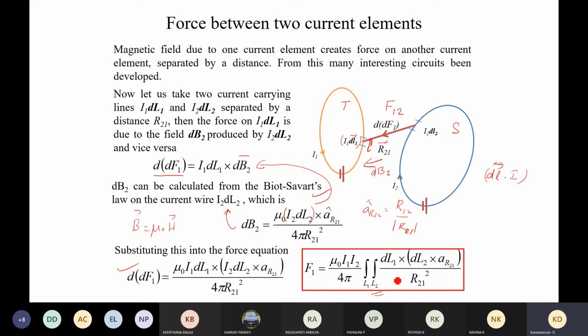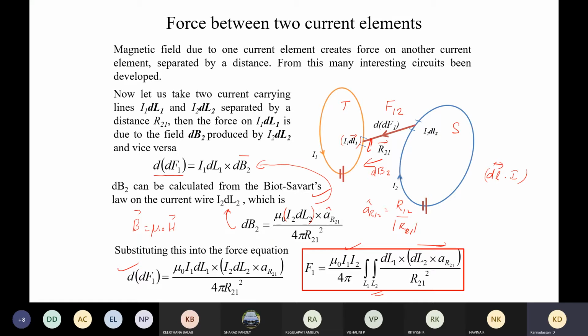For this you have to integrate properly, because all the remaining terms are simply constants that you can take out. This triple cross product is going to give one vector, so this force will always be perpendicular to both the line vectors. That is what you have to keep in mind, and depending on the shape of the loops, we will get different forces acted upon them.